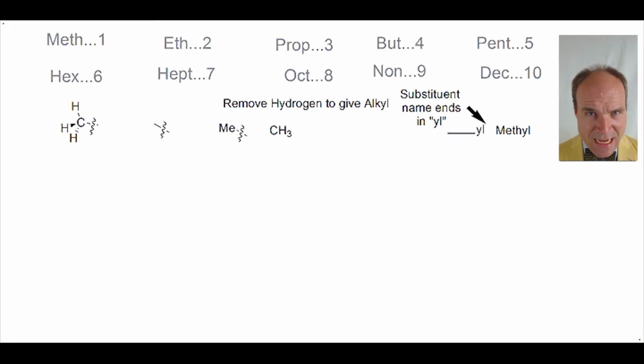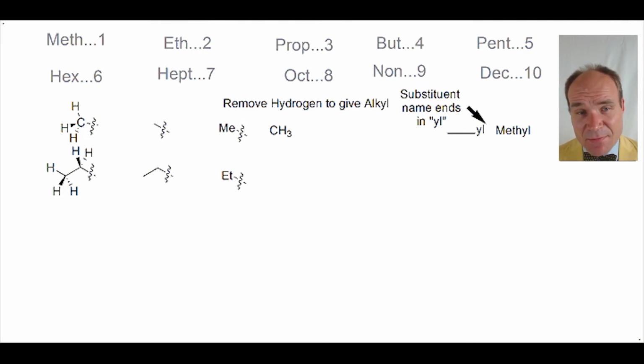Okay, next one. Let's add another carbon. What we have here, as you can see, is the 3D arrangement and the simplified skeletal form. But there's another letter code for this sort of alkyl group. We use ET to depict a 2-carbon alkyl group. When we look at its condensed form, again, we've lost a hydrogen when compared to its parent alkane.